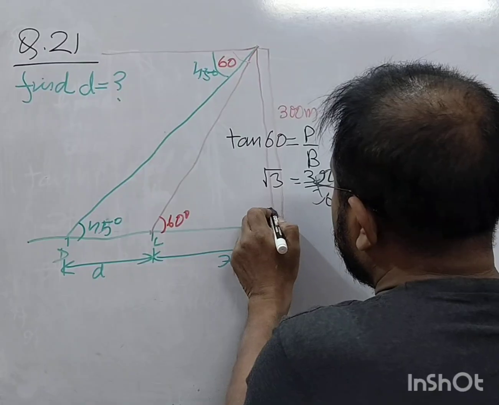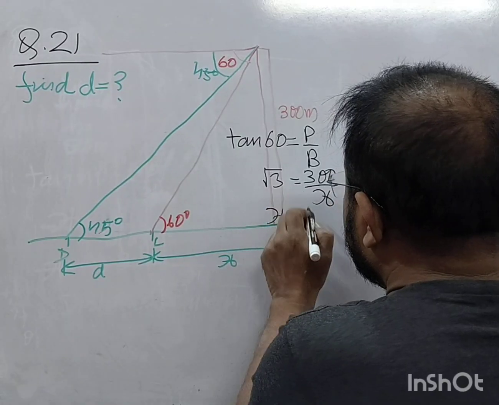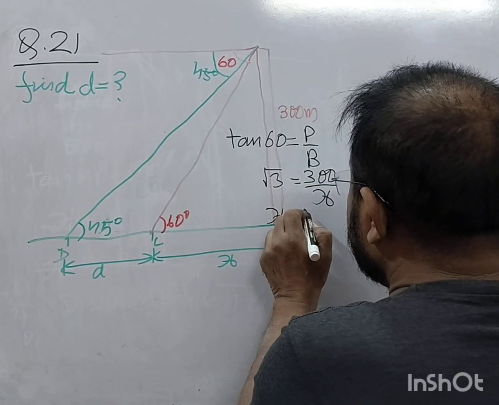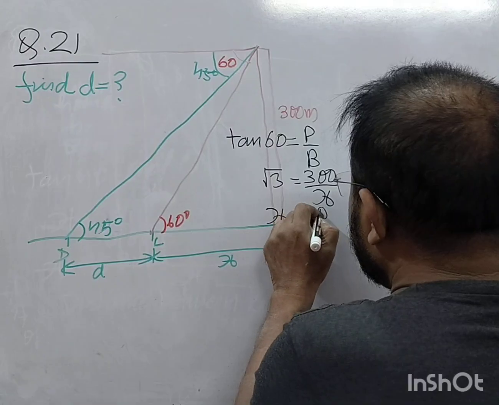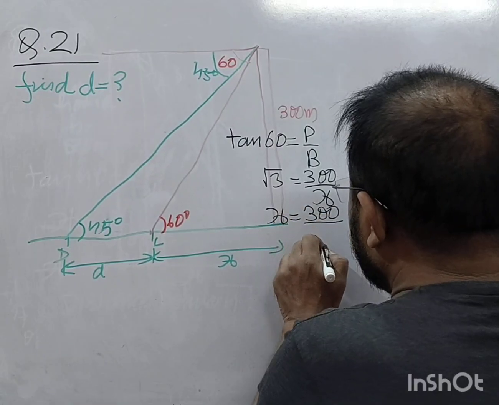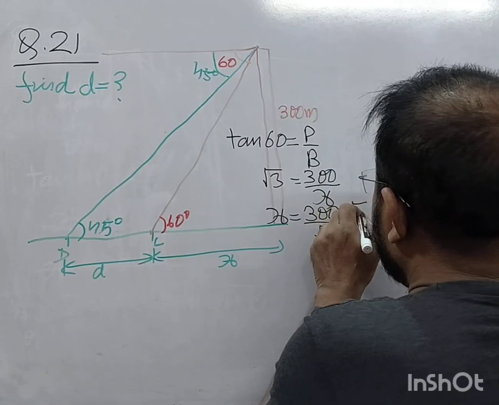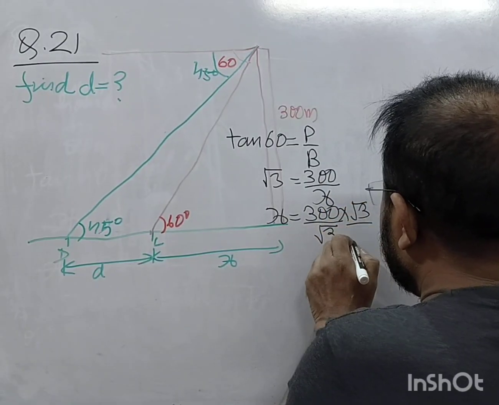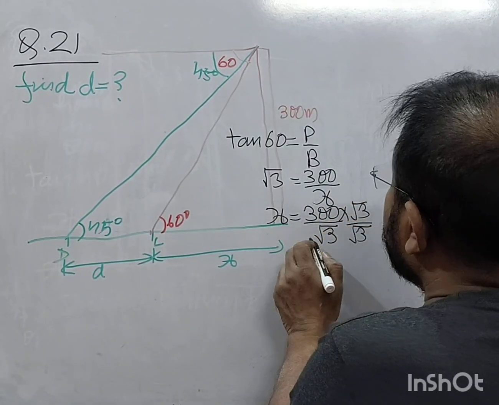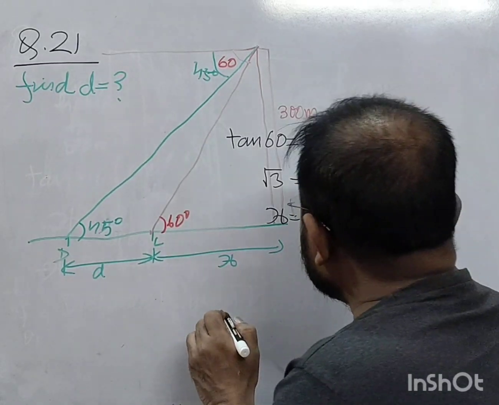So x is equal to 300 upon root 3. If we rationalize the denominator, root 3 into root 3 becomes 3.